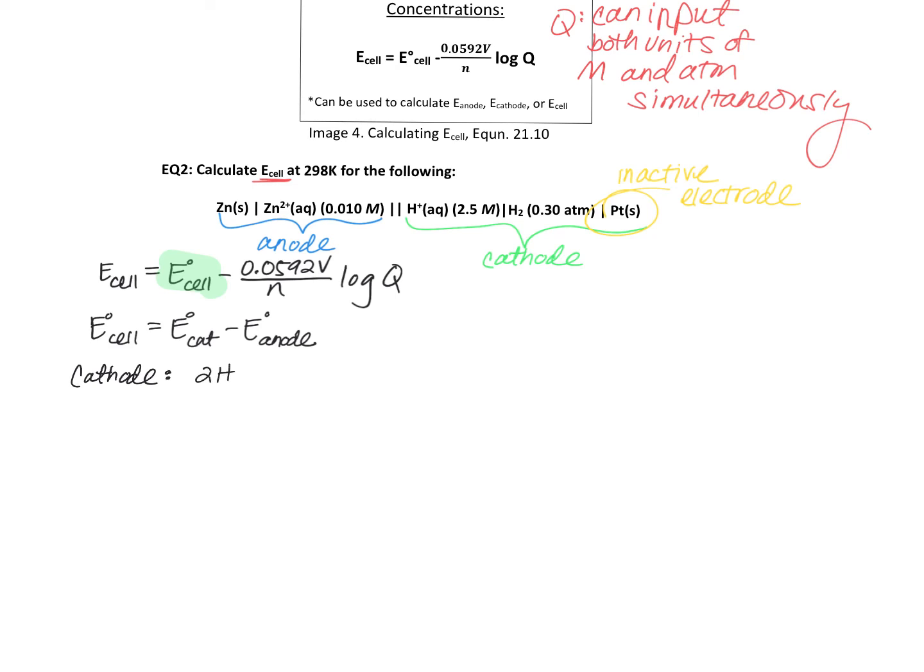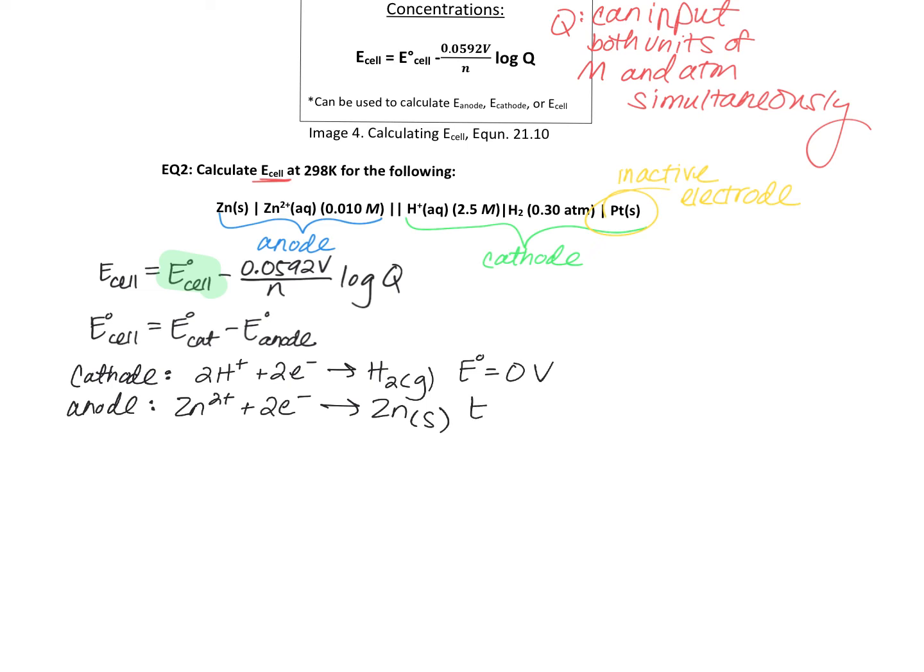So what you should see is 2H+ plus 2 electrons makes H2 gas. It should give you an E value of 0 volts. For the anode, what you should find is Zn2+ plus 2 electrons gives zinc solid, and that the E for that is negative 0.76 volts.